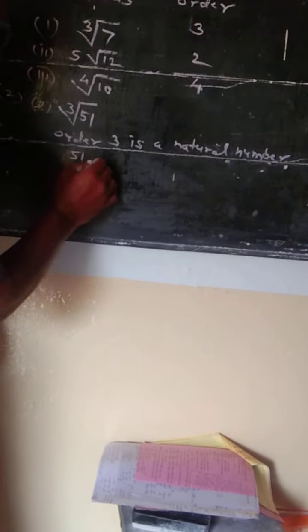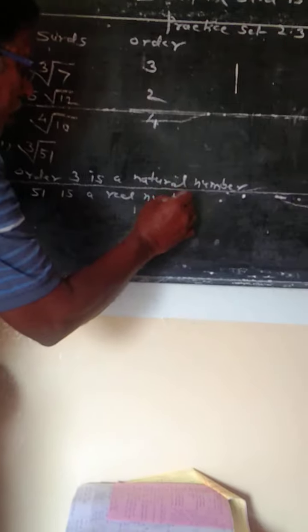51 is a real number, and cube root 51 is an irrational number.